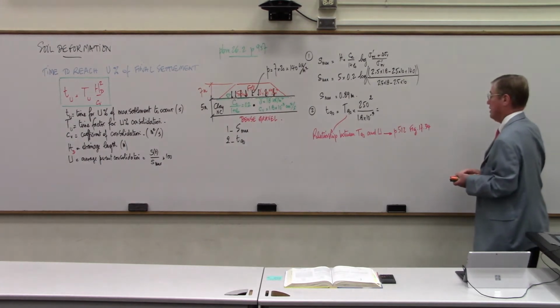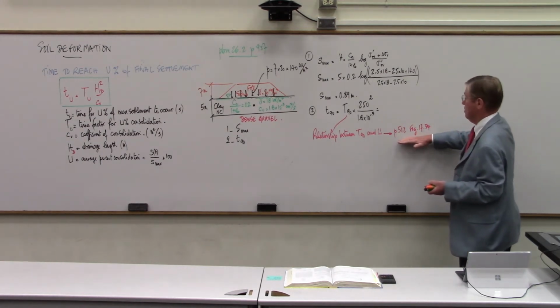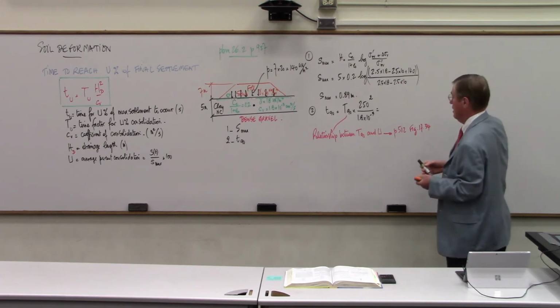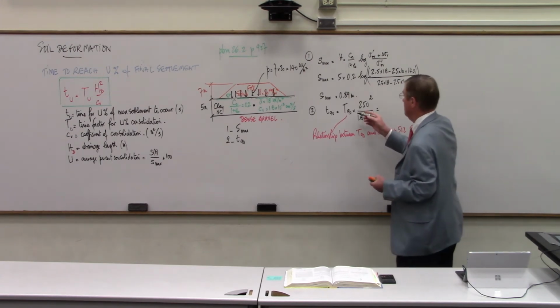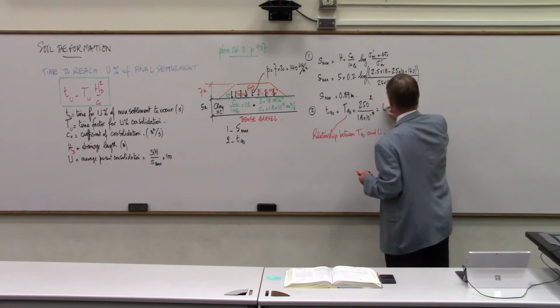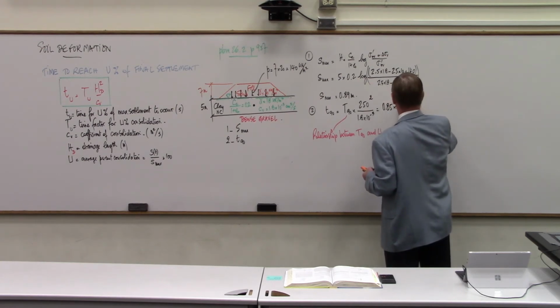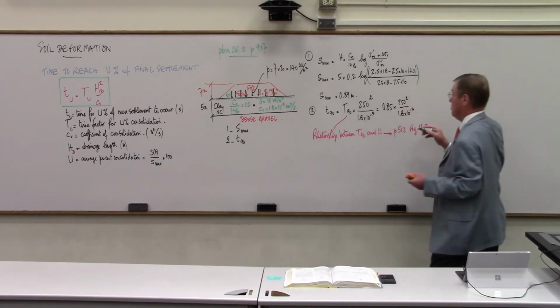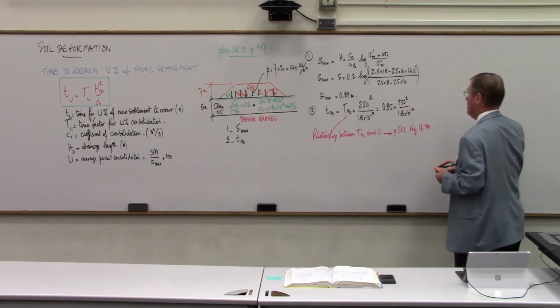Okay? So if I go to that curve, which is the normalized curve that I showed you previously, I would find, and I mentioned it, that T90 was about 0.85. So I've got 0.85 times 250 squared divided by 1.8 times 10 to the minus 3. Now that's going to be a big number because it's in seconds.